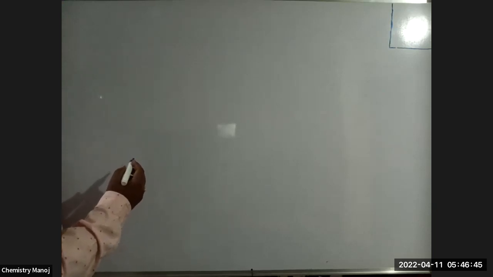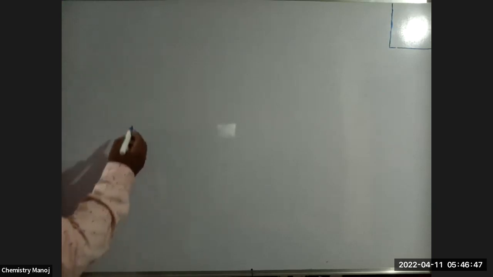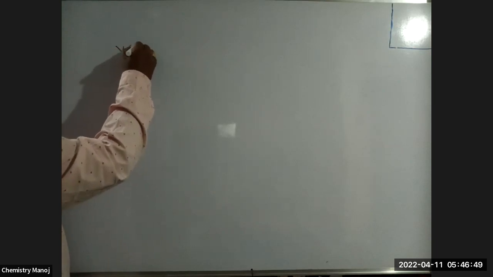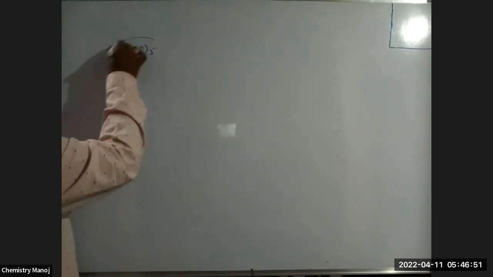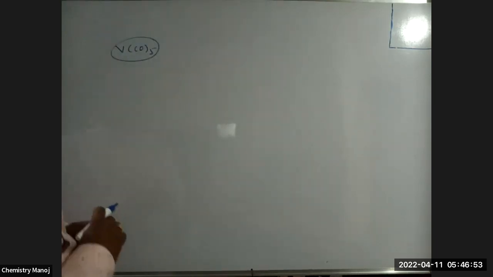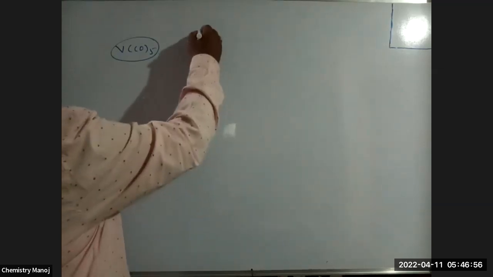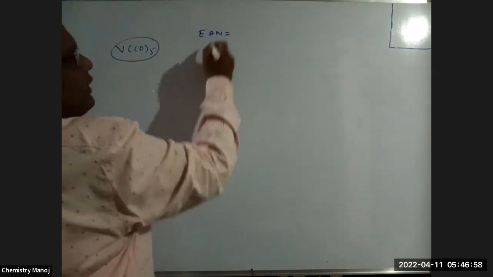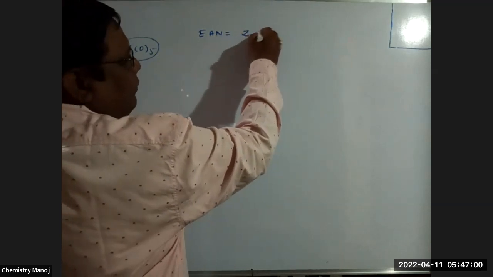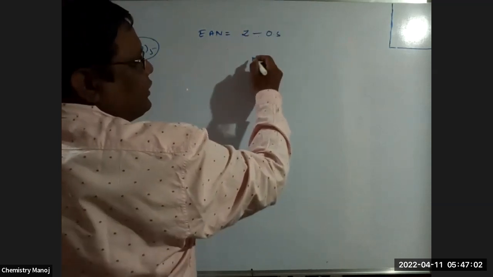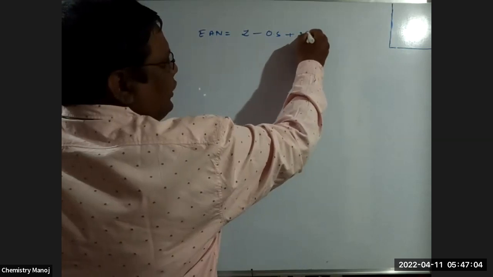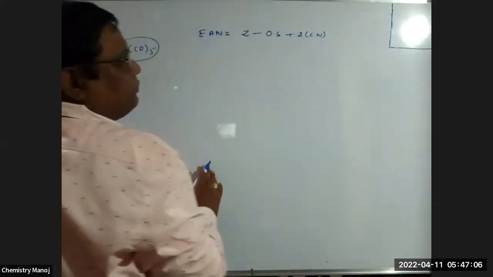To follow the EAN rule, see here, for example, V(CO)5. Does this follow the EAN rule or not? How to calculate EAN? EAN is the atomic number of metal minus oxidation state plus 2 into coordination number.